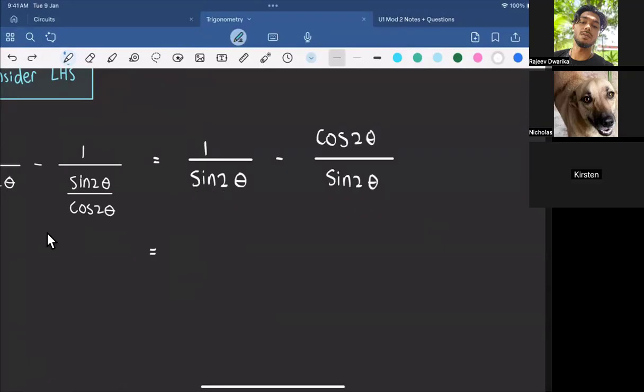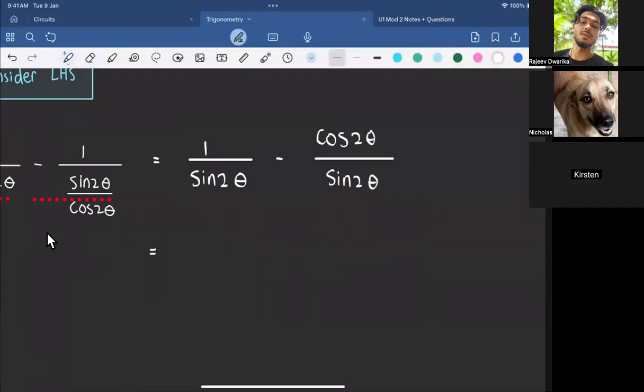If you had a half plus a half, you just add it. If you had a half plus 3 over 2, you just add that and say 4 over 2, because they have the same denominator. And these two fractions have the same denominator, sine 2 theta.